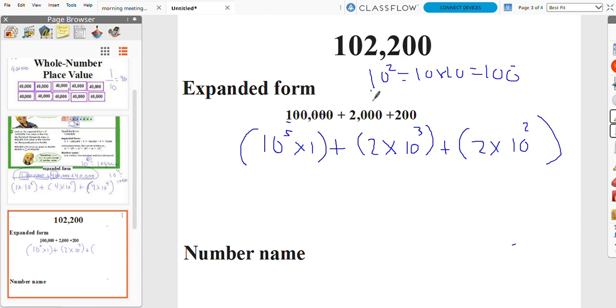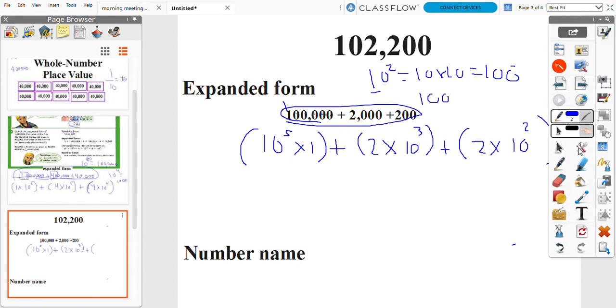Or you could do it the way I taught you here with that 1 going down and then your 2 zeros. That is version 1. This expression is the same as this expression down here that we just wrote.